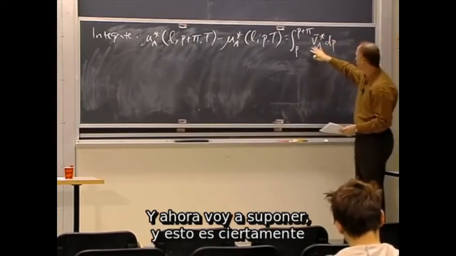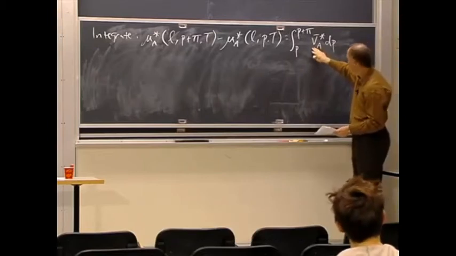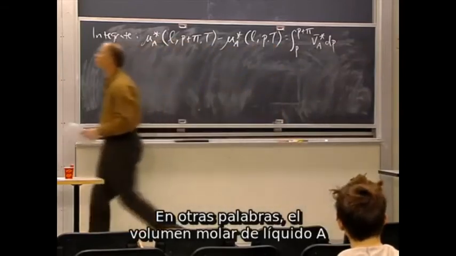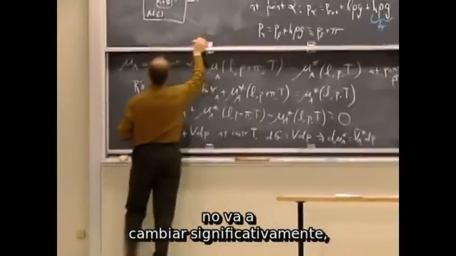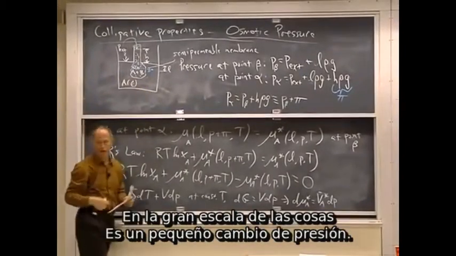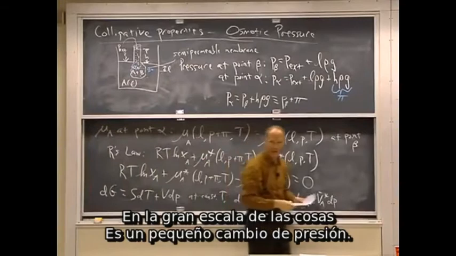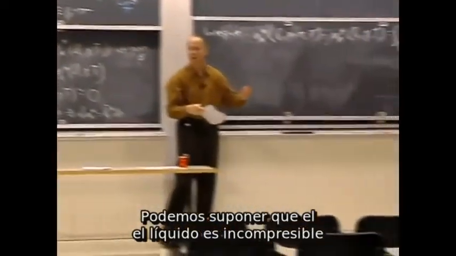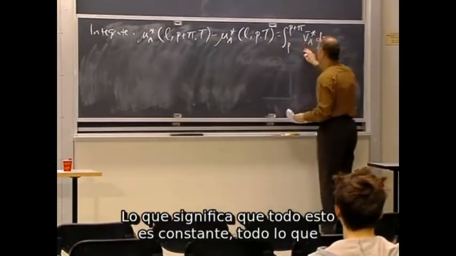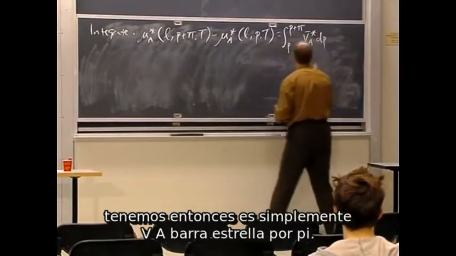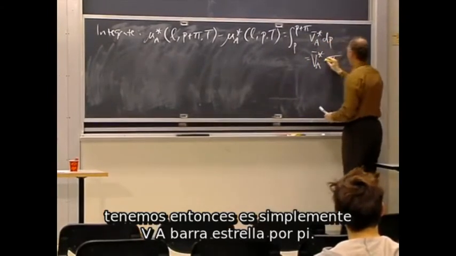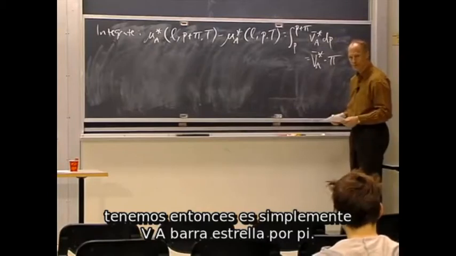Now I'm going to assume, and this is certainly a safe assumption, that this molar volume isn't going to change. In other words, the molar volume of liquid A isn't going to change significantly going from the pressure out here to the pressure in here. On the grand scale of things, it's a small pressure change. We can assume that the liquid is incompressible over that small pressure change, which means that this is constant, and so all we have is simply VA bar star times pi.